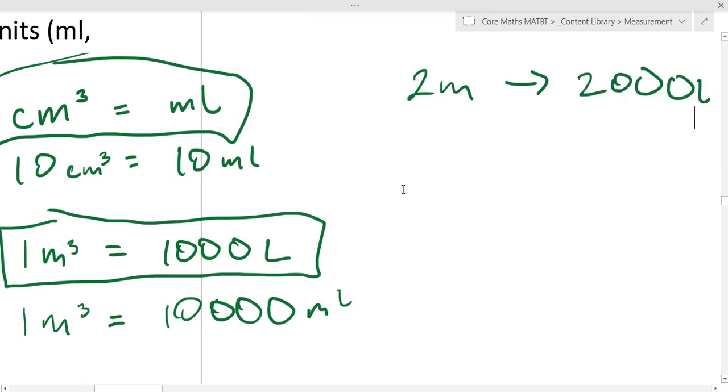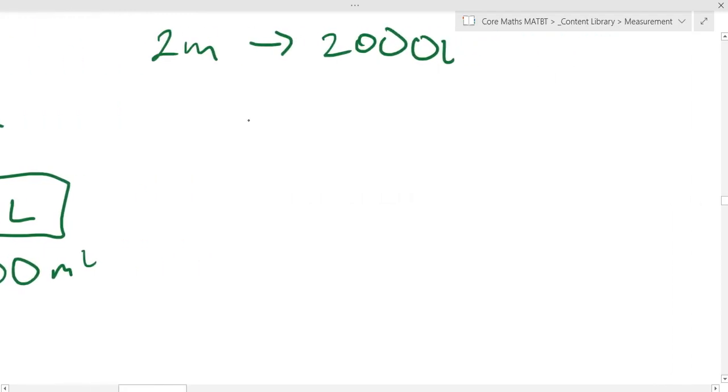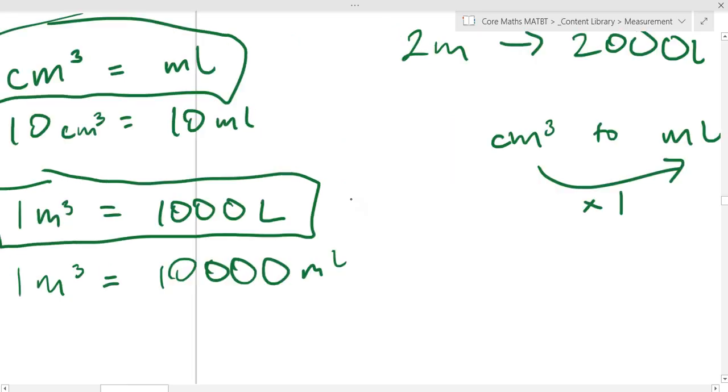And in terms of conversion, if you want to convert centimeters to milliliters, it's just 1 for 1. You're just going to times it by 1. You don't need to do too much, just because it's the same.